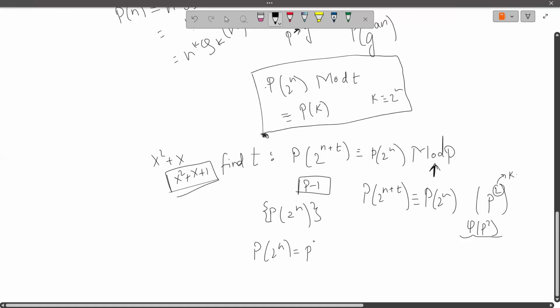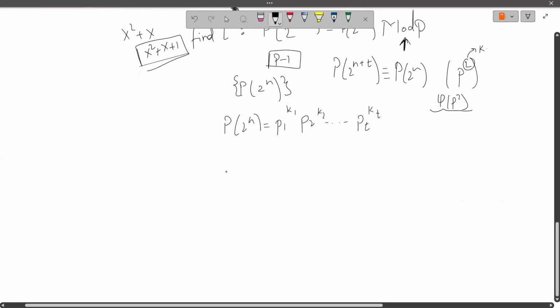Let this equal p1 to the k1, p2 to the k2, up to pt to the kt, where p1 through pt are all the possible primes that can divide P of 2 raised to the power n. We assumed that they were limited, remember? Now you have this.